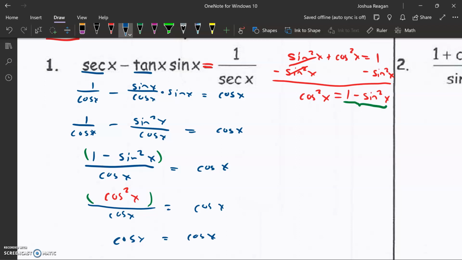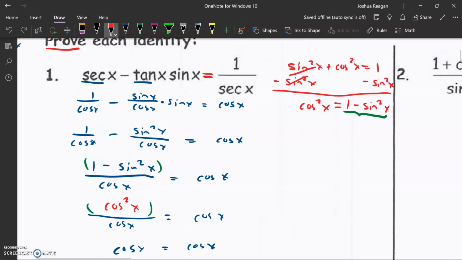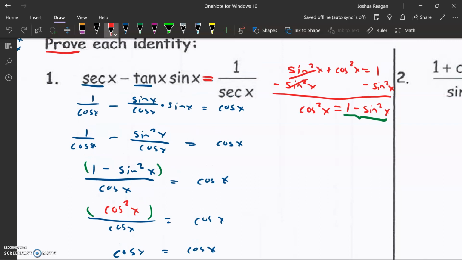So boom, we've done what we set out to do. Our left side is equal to our right side, and henceforth we have proved that secant of x minus tangent of x times sine of x is indeed equal to 1 over secant of x.